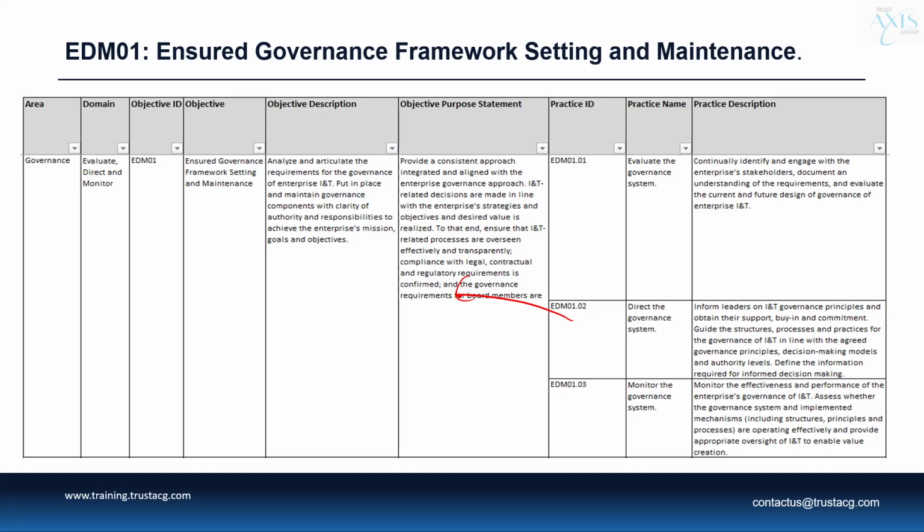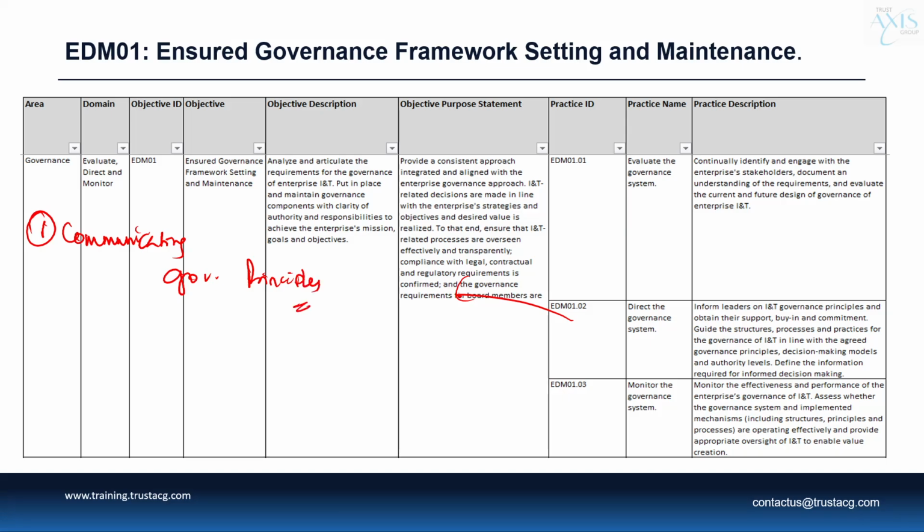Okay, so now let's try and understand what are some of the activities that would be done in order to achieve the outcomes of this particular practice around directing the governance system. The first activity that you should be doing is communicating your governance principles.